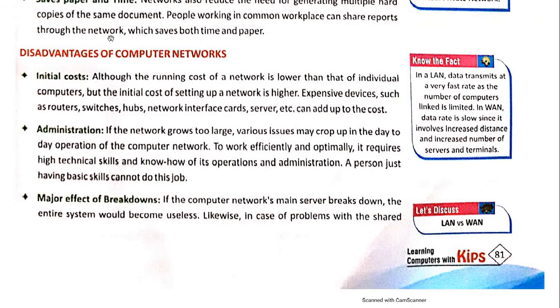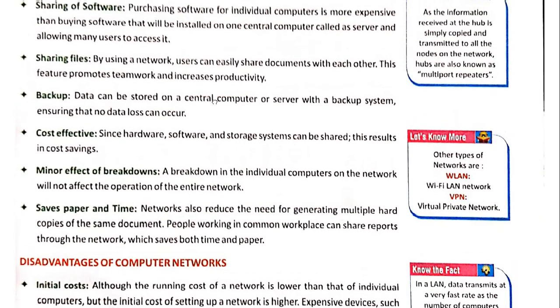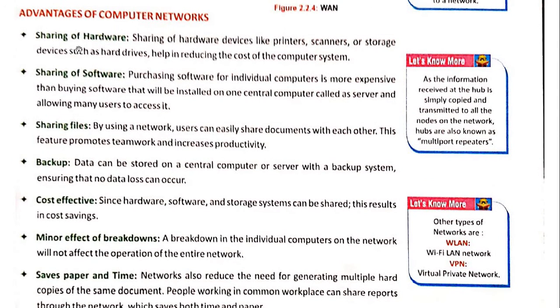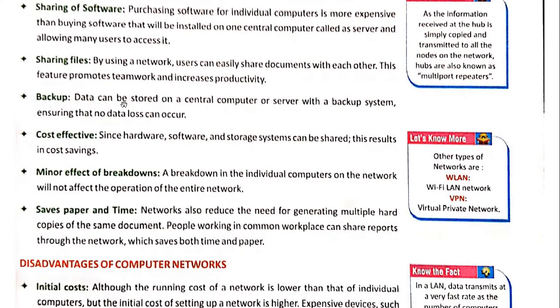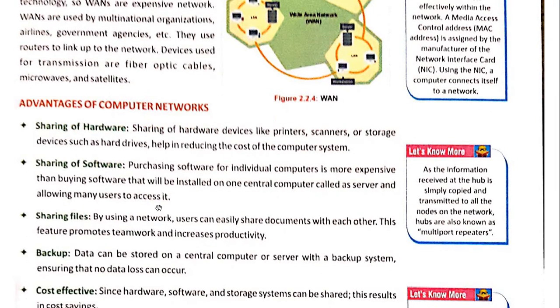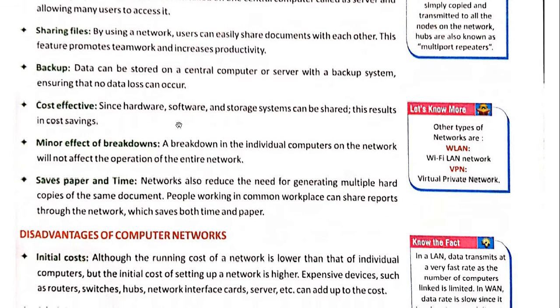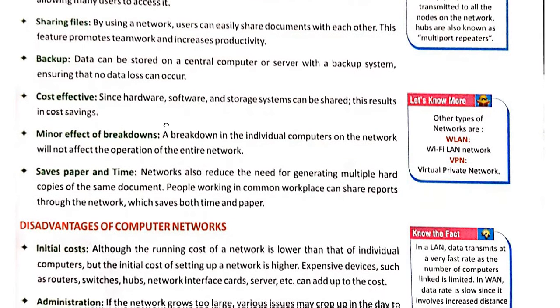So these were the different advantages of a computer network. You can count them and remember them by heart. These are very important. A question may come in the exam: what are the advantages of a computer network? So you have to write: with the help of a computer network you can share hardware, we can share software, files can also be shared, backup can be made very easily, and the cost is very low in using different types of software and storage devices.